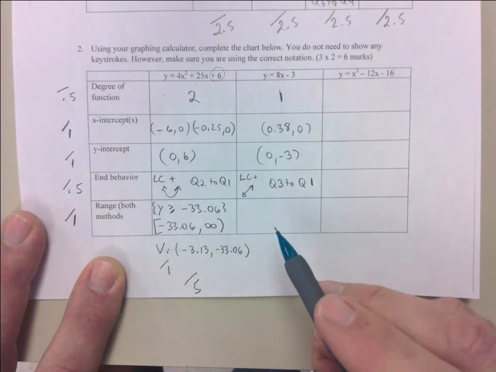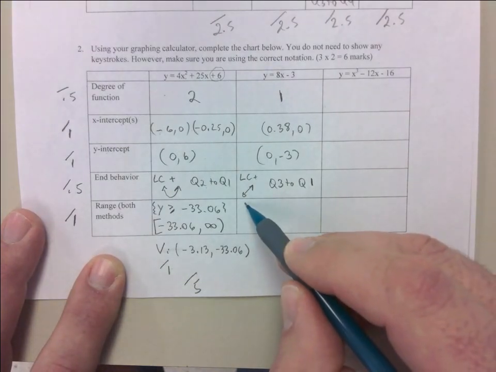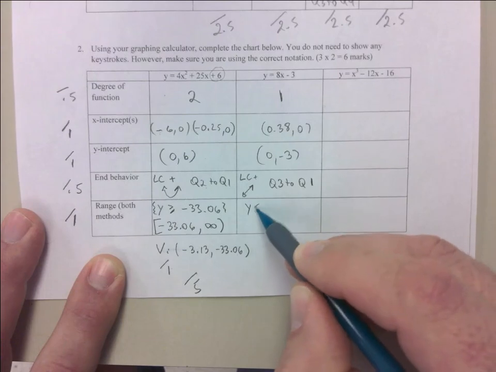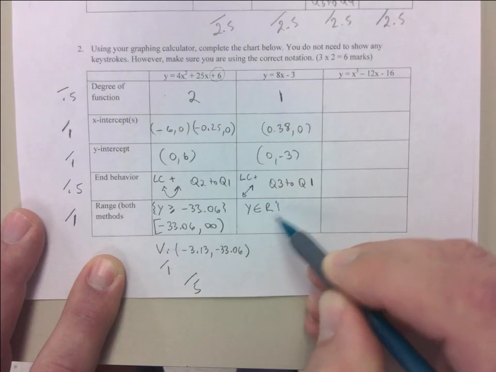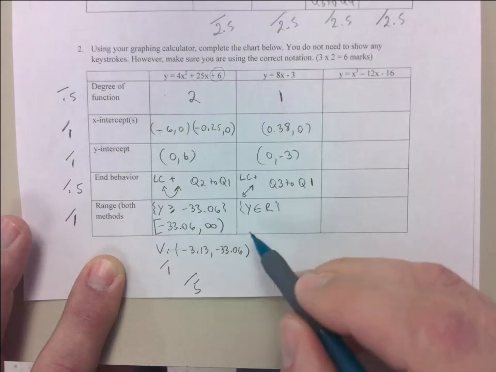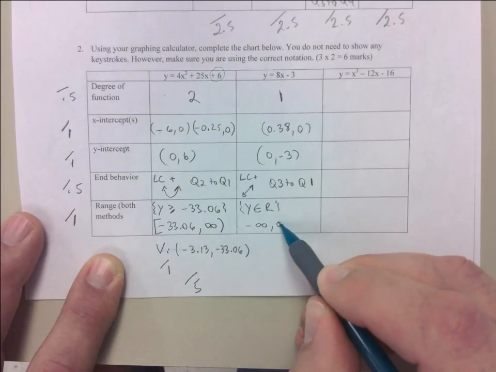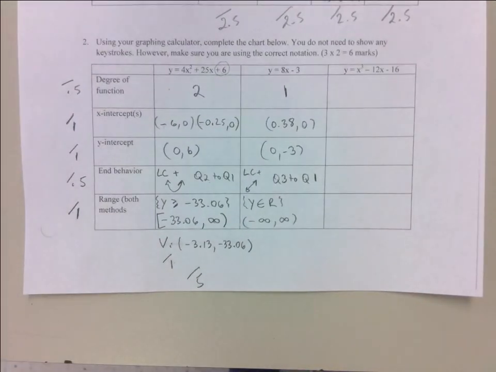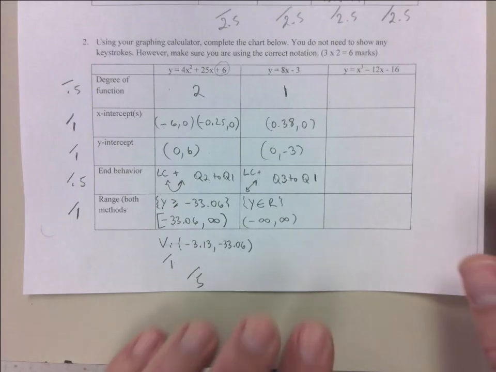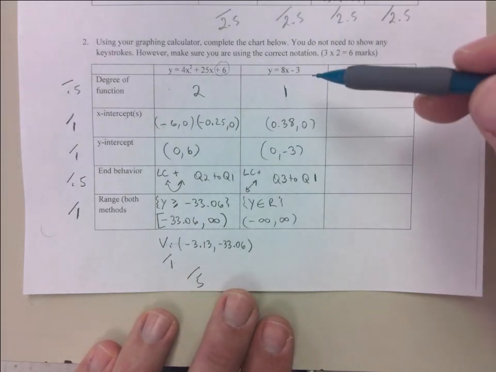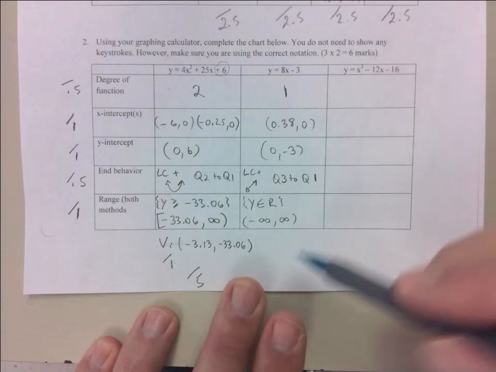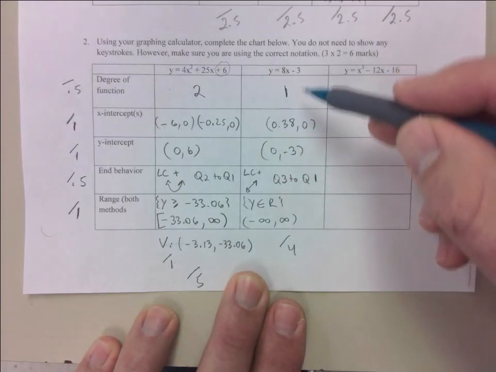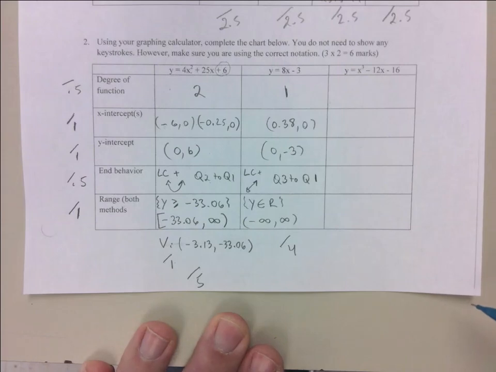The range, both methods, in this case it's just y belongs to all real numbers when it comes to the set notation. If you want interval notation, it would just be negative infinity to positive infinity. And so for this one, you would just get 4 marks for that column, right, for linear in total.